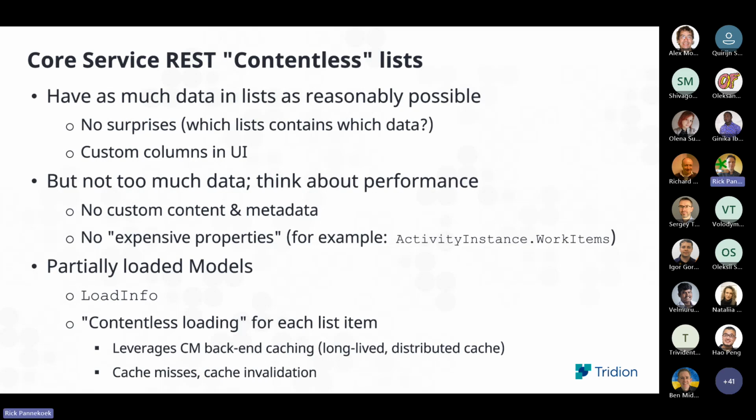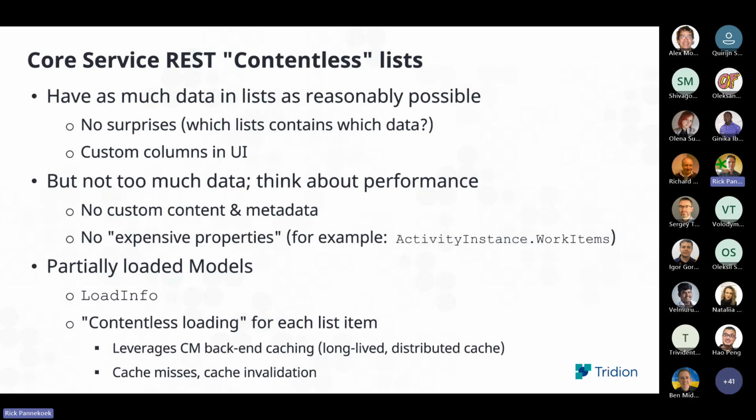As we progressed, we also realized there are other properties besides custom content and metadata. For example, a workflow instance or an activity instance can have work items for all the items in that activity. That can be a lot, so it can also become a big property with similar problems as custom content and metadata.